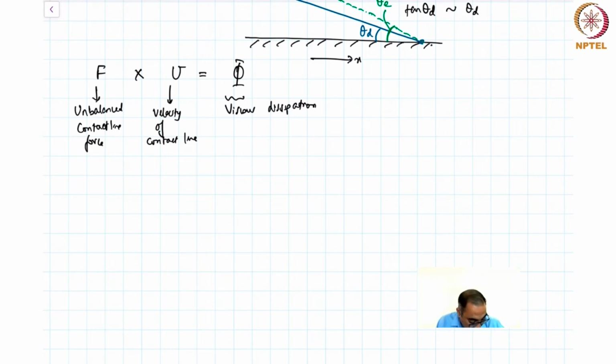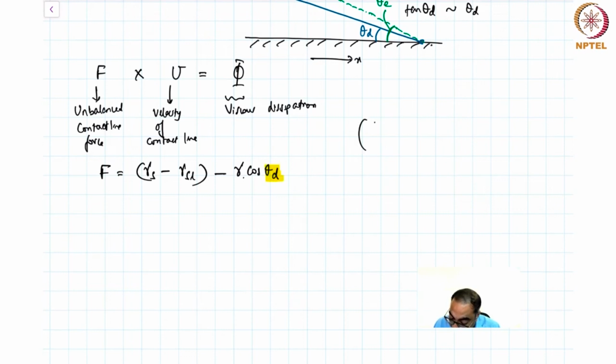Now we can actually write down a simple expression for this contact line force. The contact line force can be thought of as, let's say in the static case, when there is no motion, gamma s minus gamma SL minus gamma cos theta d. We are trying to take the same form of the force, so this is inspired from Young's law, but the only difference is now we have a cosine of theta d.